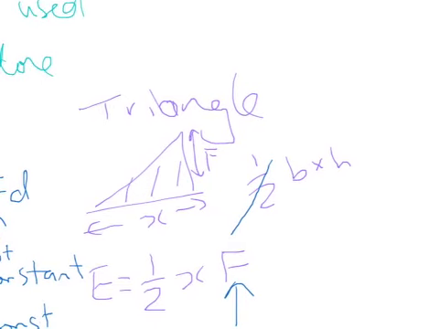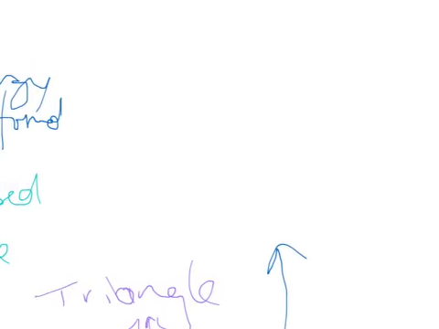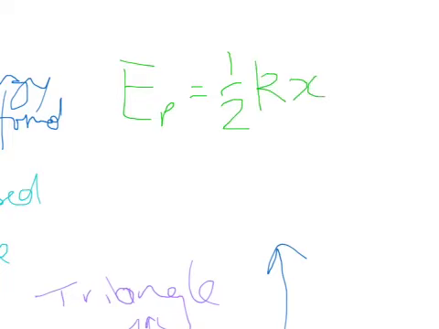We can take all of that information and put it into one single formula for the energy stored. Potential energy in a spring is half kx squared, which is a very nice relationship.